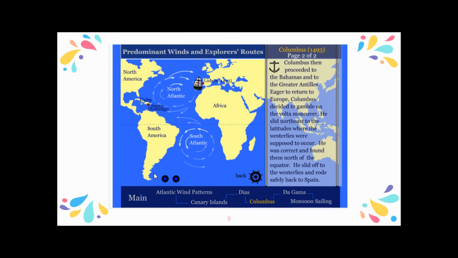Columbus then proceeded to the Bahamas into the Greater Antilles. Eager to return to Europe, Columbus decided to gamble on the Volta maneuver. He slid northeast to the latitudes where the westerlies were supposed to occur. He was correct and found them north of the equator. He slid off to the westerlies and rode safely back to Spain. Good job, Columbus.